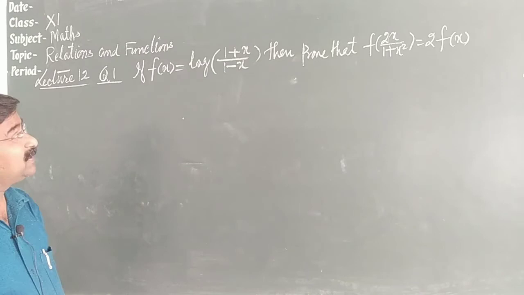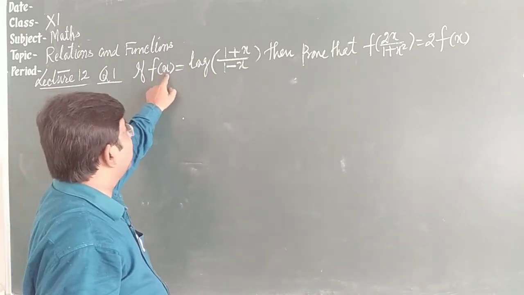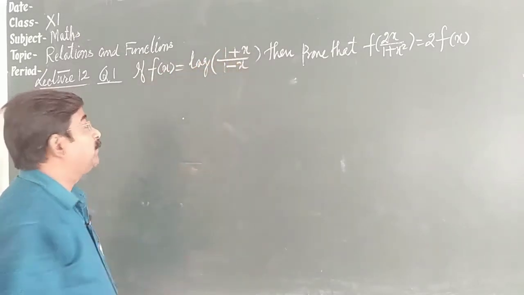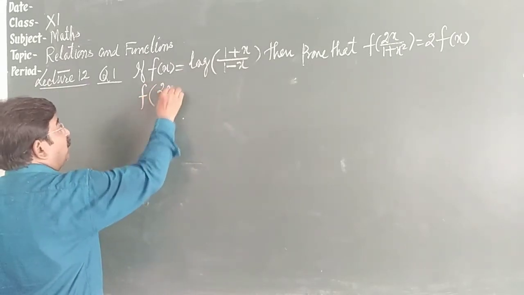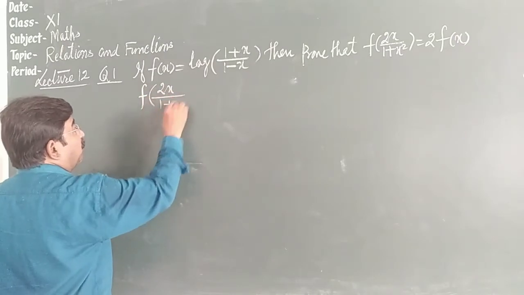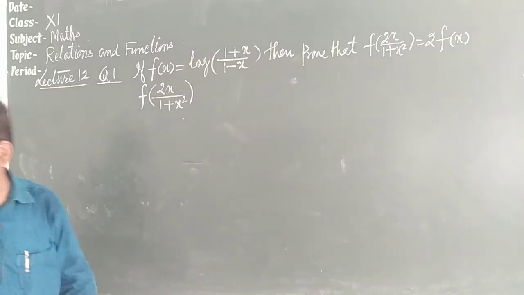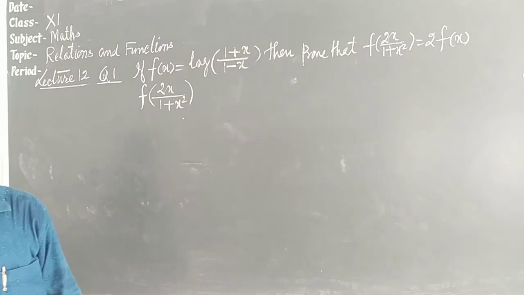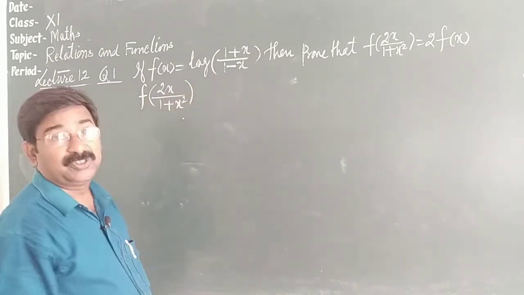So check this, what is in place of x? If we have f(x), then it is log of 1 plus x upon 1 minus x. So we have to find the value of f(2x upon 1 plus x square). Wherever we have x, we will write this much.